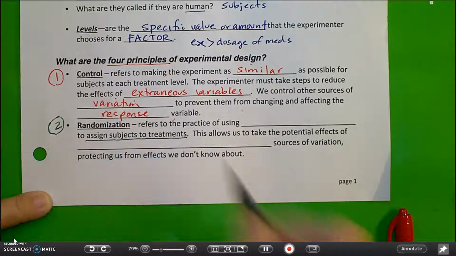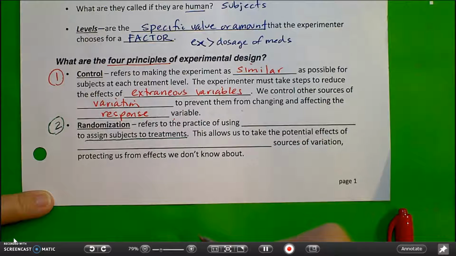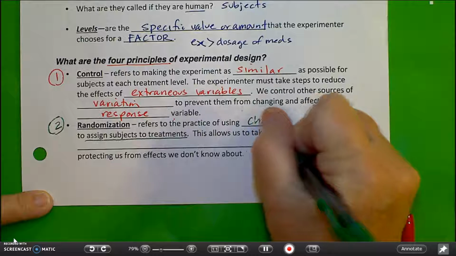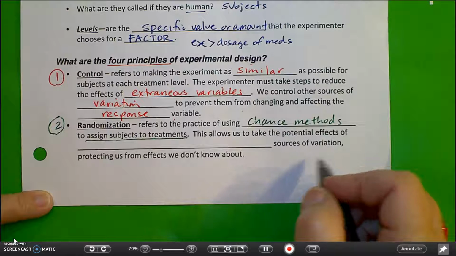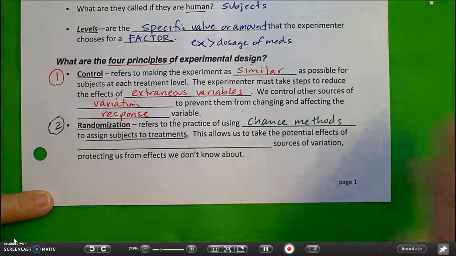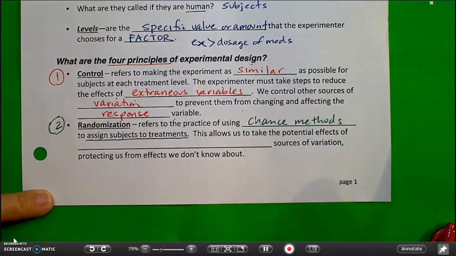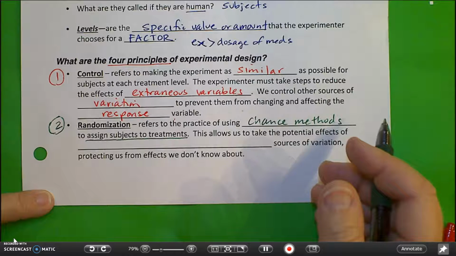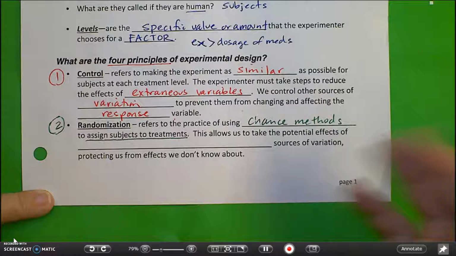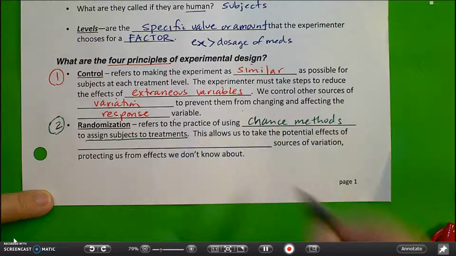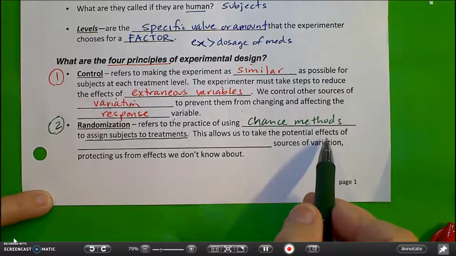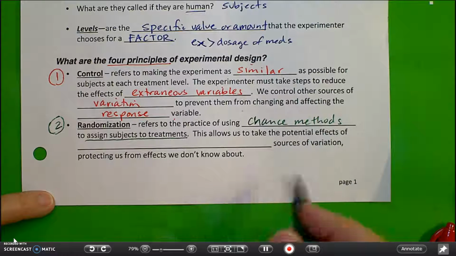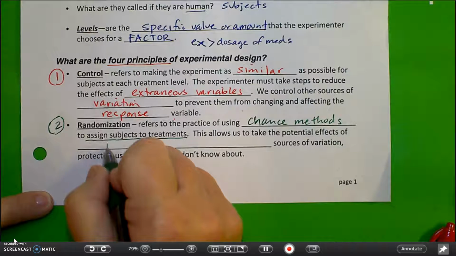We have to assign subjects to treatments in a random way. So you could use a random number table to assign people, or you could assign people with a roll of a die if that gives you enough variety. Any chance method to assign subjects. Basically, this helps us take out the potential effects of unknown or uncontrolled sources of variation.